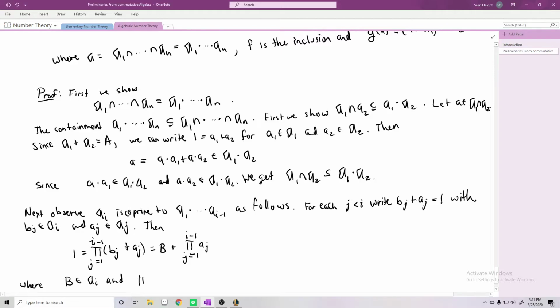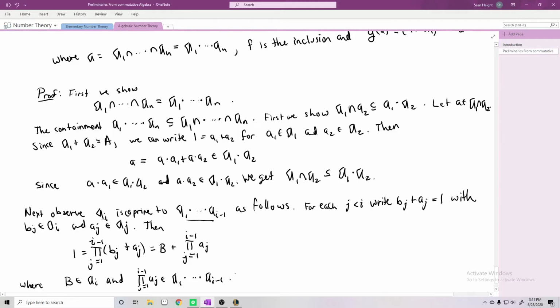And this product here, j equals 1 to i minus 1 of a sub j, is my product a sub 1 through a sub i minus 1. So what is the conclusion from expanding out this product? I see that 1 can be written as an element here plus an element here.